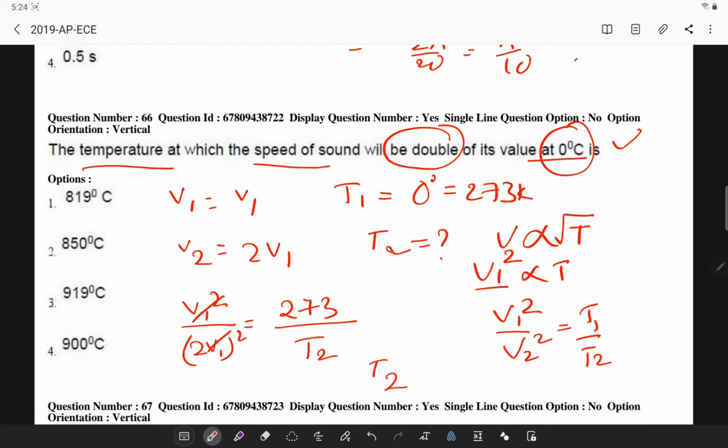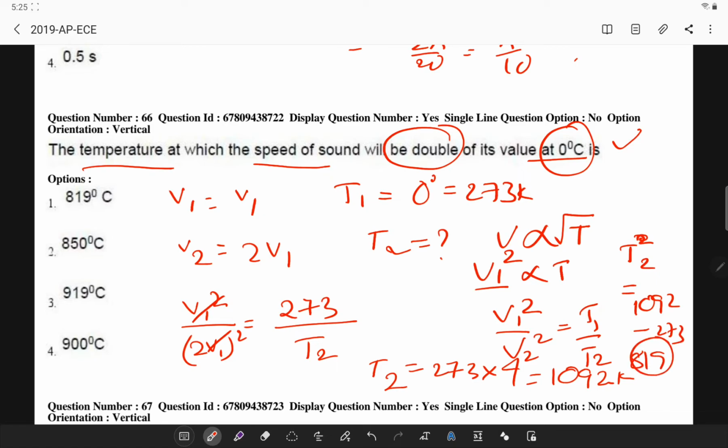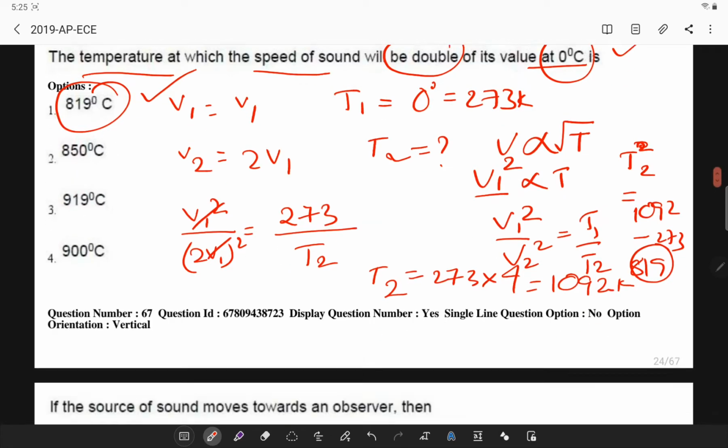So I will be getting t2 is 273 into 4, which is 1092 Kelvin. So if I take it into temperature in degrees, 1092 minus 273, which comes up 819 degrees.